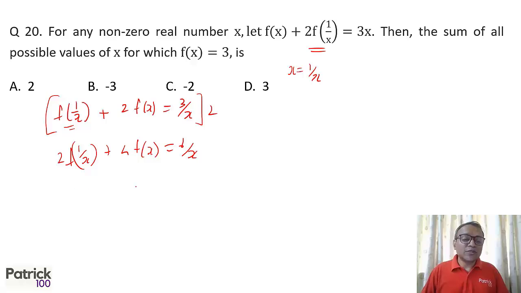Now subtract the original equation, that is f of x plus 2 f of 1 upon x is equal to 3x. So if you subtract, f of 1 upon x gets cancelled.